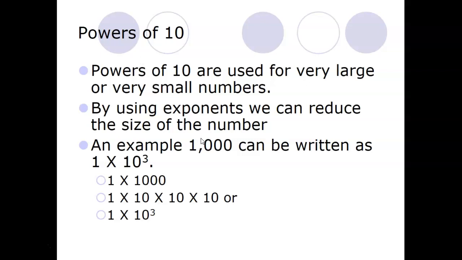So for an example, 1,000 can be written as 1 times 10 to the third. What that means is it's 1 times 10 times itself. As long as it is positive tens, you can simply add up the zeros.